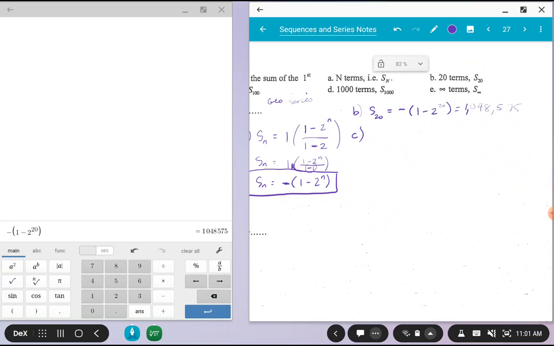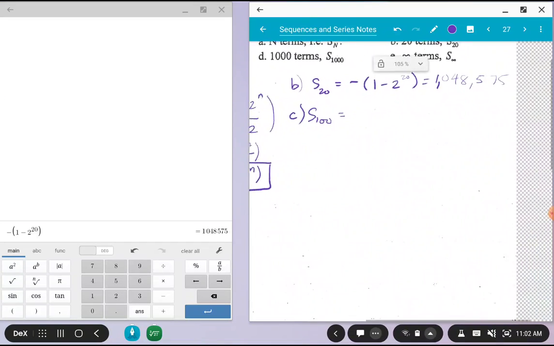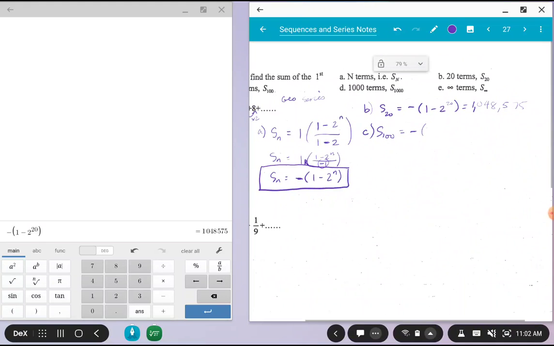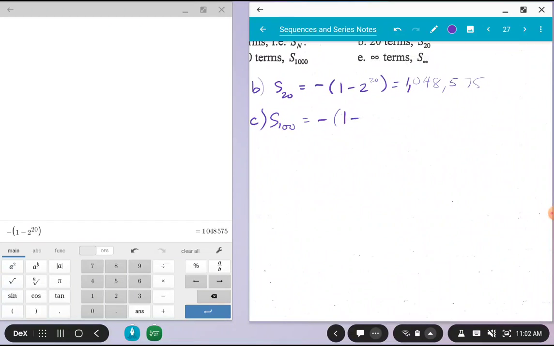For C, what we're looking for is the 100 terms. So we want to find the sum of 100 terms. And so we can just go ahead and plug that into our formula again. Remember that in A, we found that S sub n, depending on what n is, gives us negative 1 minus 2 to the n power. So negative 1 minus 2 to the, in this case, 100th power.